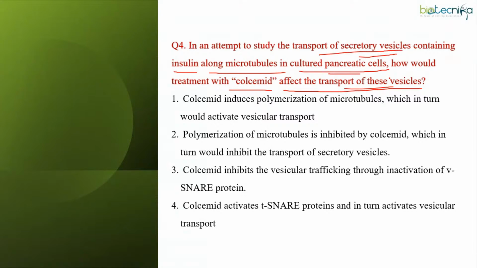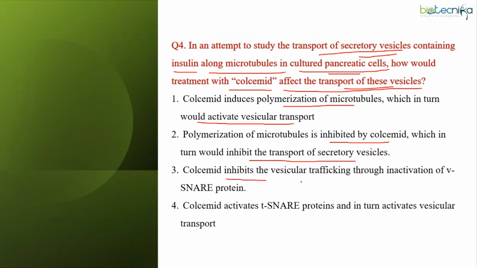So what should be the answer over here? Colchicine induces polymerization of microtubules, which in turn would activate the vesicular transport. Polymerization of microtubules is inhibited by colchicine, which in turn inhibits the transport of secretory vesicles.